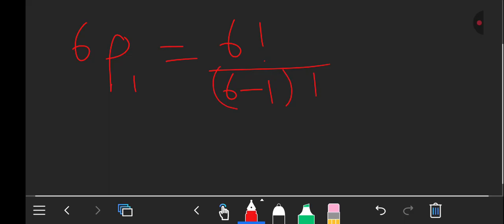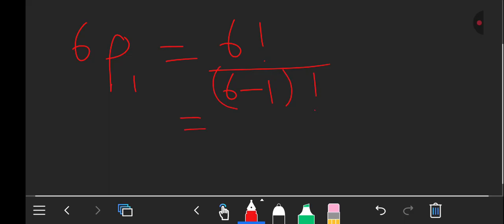Let's look at another scenario, where you have 6 permutation 1. What is the answer? It will be 6 factorial over 6 minus 1 factorial.